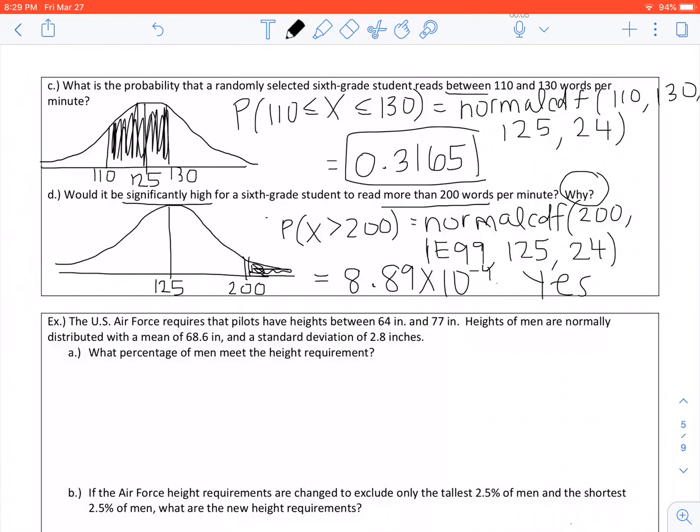And the chance of it happening is really, really small. And so yes, this is significant because it doesn't hit that 5% cutoff. So yes, because, and I'll let you guys write it down for yourself, I'm out of room. But yes, because the probability is less than 0.05.